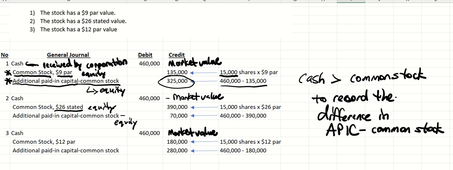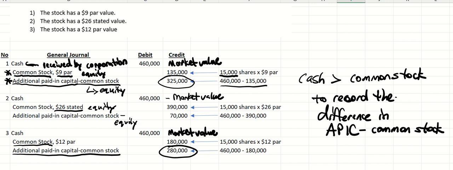That's going to give you $180,000. So that's going to be credited to the common stock account. And the difference of $460,000 minus the $180,000 is going to give you $280,000. And that $280,000 is going to be recorded in additional paid in capital dash common stock.